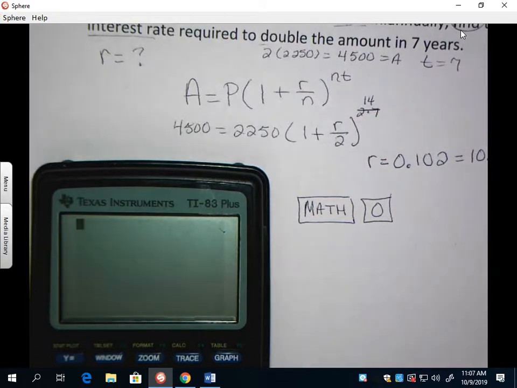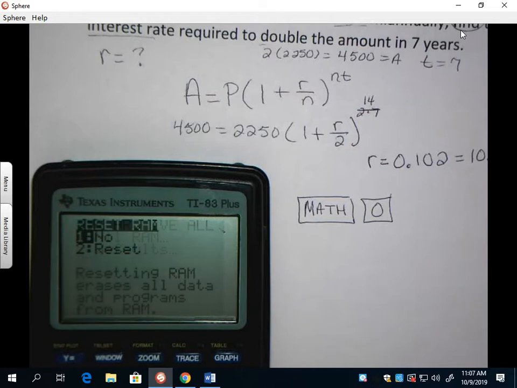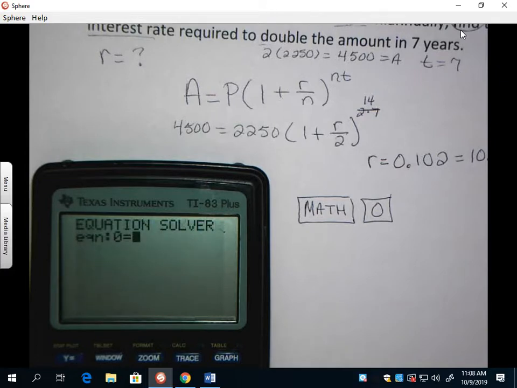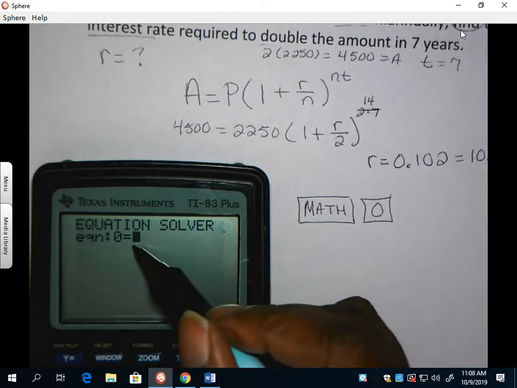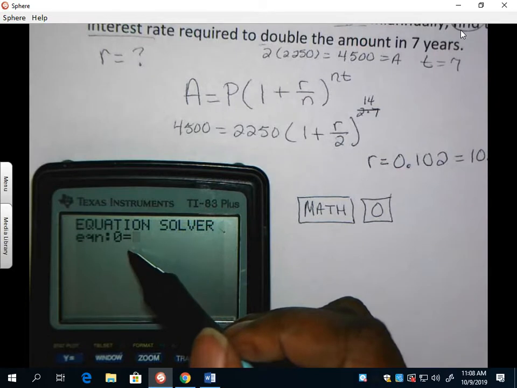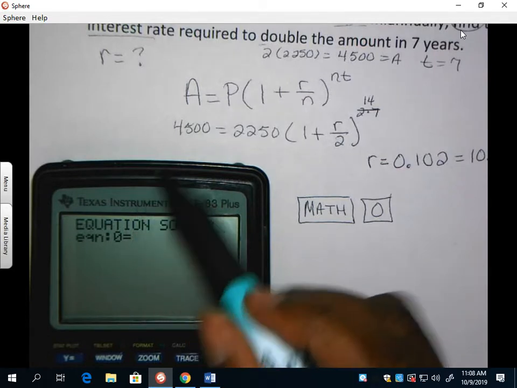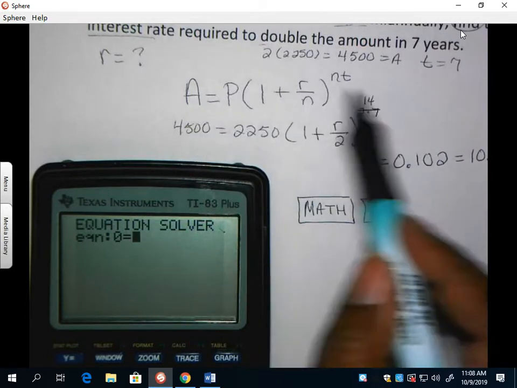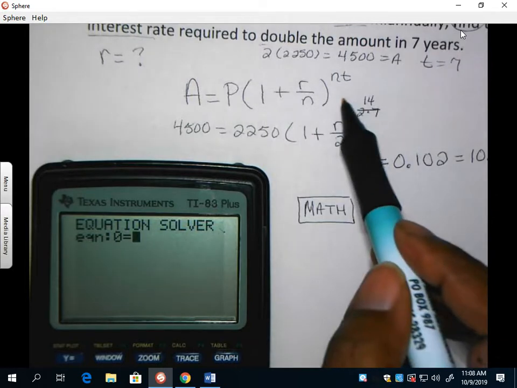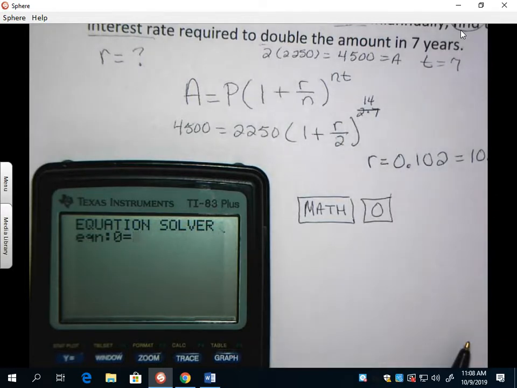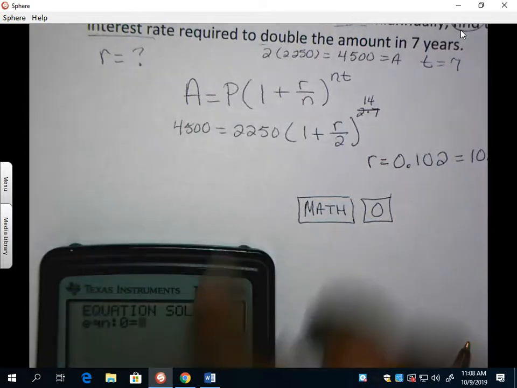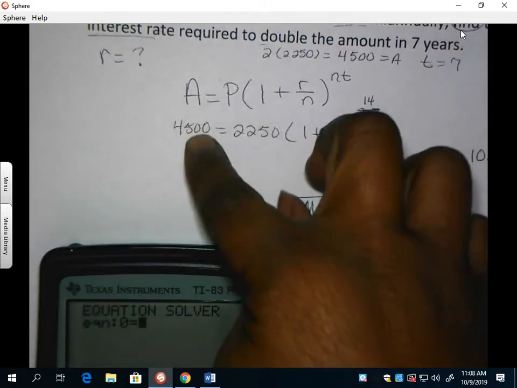So you're going to press second plus 7 1 2, and I just did that to reset, clean out anything that might be in there, and press Math 0. And so your equation has 0 equals, so the equal sign is already there. So what I'm going to have to do is move the A to the other side. So I'll type all this, and then I'll put minus A, or minus that value.